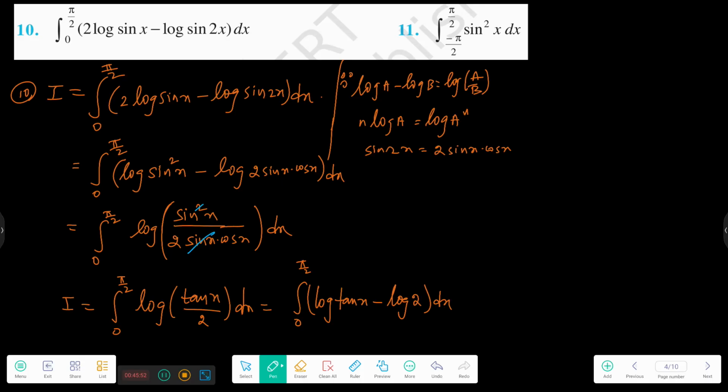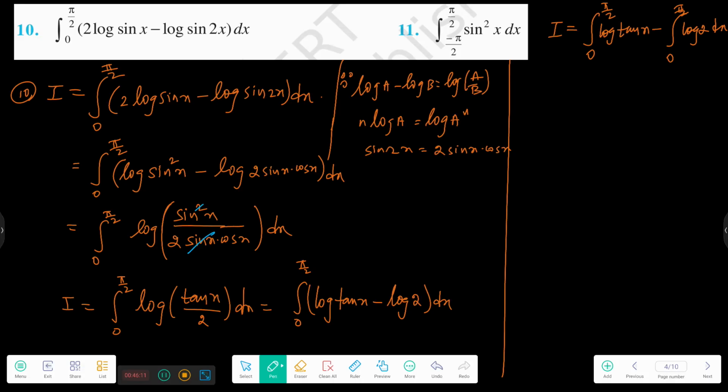When you apply the integral separately, what am I getting? I is equal to the integral from 0 to pi by 2 of log tan x, minus the integral from 0 to pi by 2 of log 2 into dx. Log 2 is a constant, we know very well, so you can take it outside.